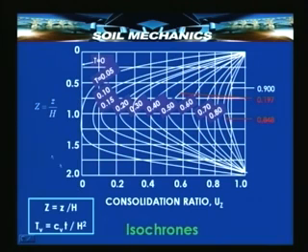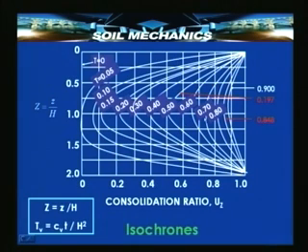Along the vertical axis we have the depth, again in non-dimensional form, depth divided by the total thickness, and along the horizontal axis we have the consolidation ratio uz, that is the degree of consolidation at any depth z. You know that it has to be 0 at the top, 0 at the bottom, and it has to vary according to a law which is given by the expression for u.